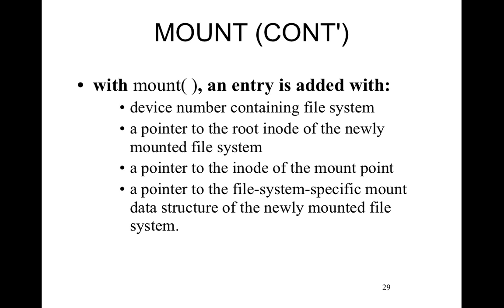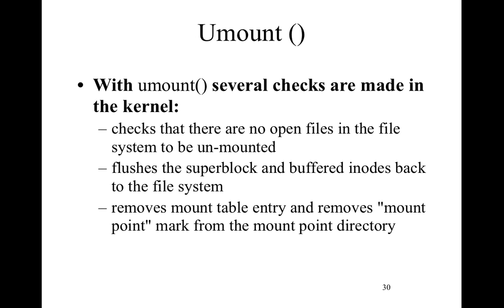Anyway, the disk type, a pointer to the root inode of the newly mounted system, and a pointer to the inode and the mount point. There's a lot of information being sent to the kernel from a mount. A mount is a system call, by the way, as well. So it's a lot of information to create the directory structure.